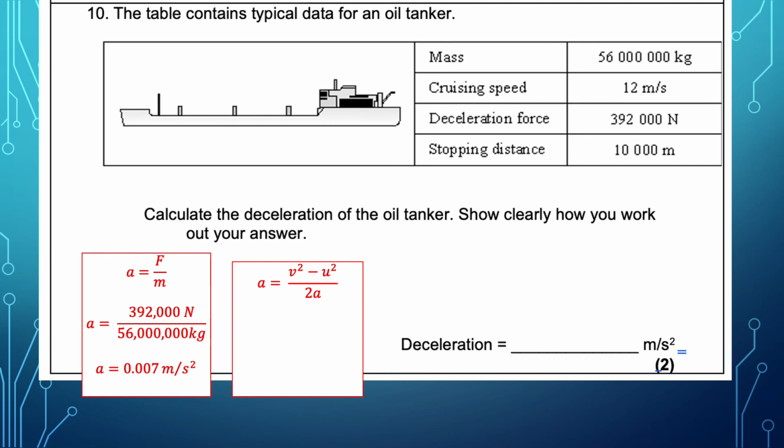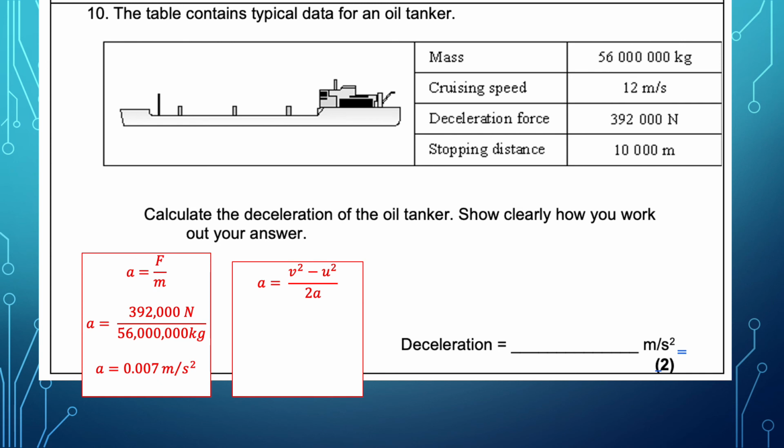This comes from the equation v squared minus u squared equals 2as, and that is one of the equations that's given to you on the physics equation sheet. So you don't have to memorize this, but rearranging that formula is a little bit more complicated.